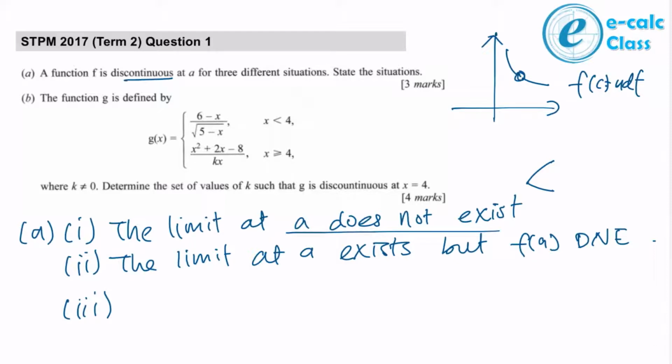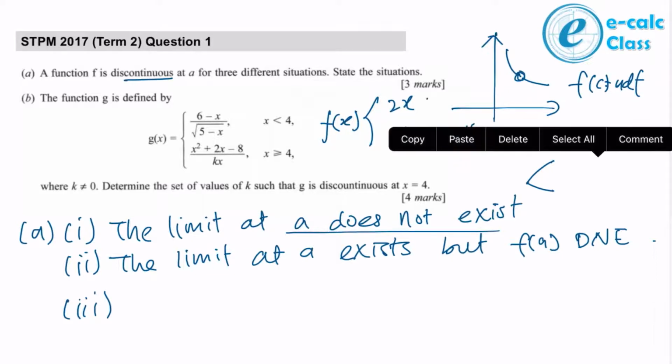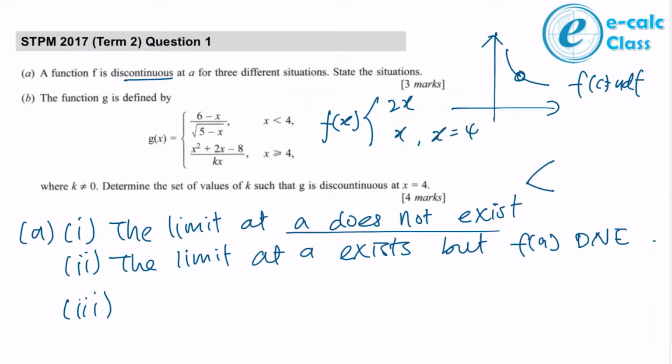So this usually happens when it is a piecewise function like this, and in this case I purposely define it as equal to 2x, and equal to x when x equals 4. I purposely piecewise this one, I don't know why.